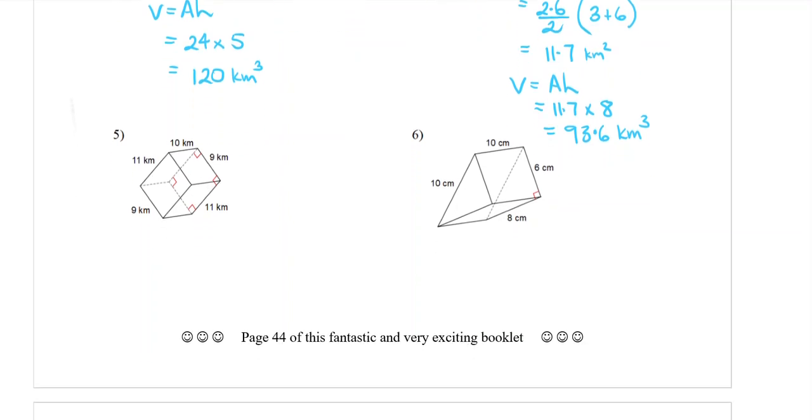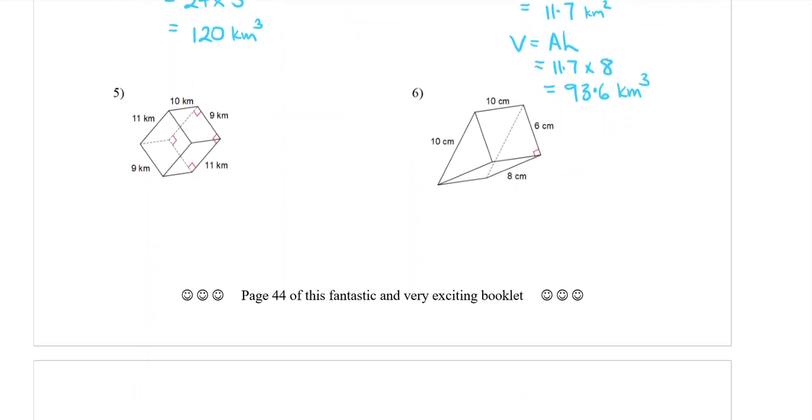Okay, question 5, back to a little bit of an easier one. What shape is that? Rectangular prism, so it's V equals LBH. The L, B and H are going to be those 3 going down the right-hand side. So we go LBH, and we're going to sub those in. 10 times 9 times 11.